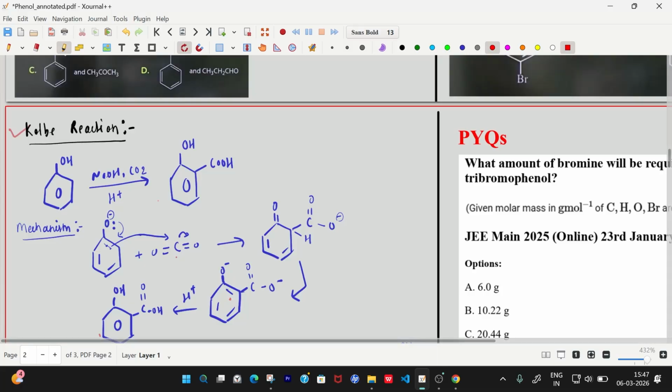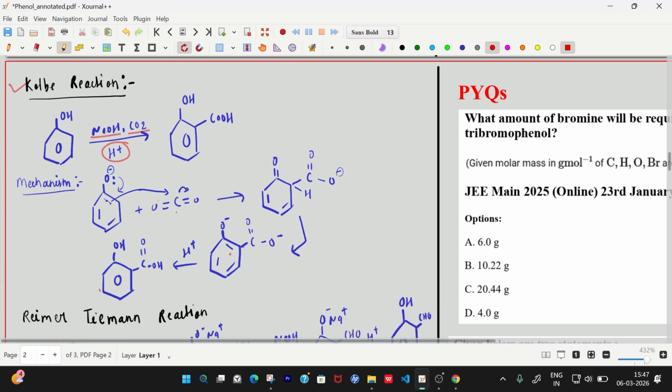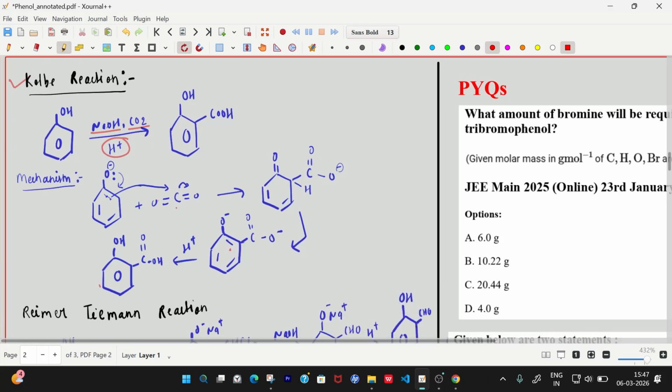The next reaction is the Kolbe reaction, where phenol is treated with sodium hydroxide and CO2 in acidic medium to form salicylic acid. If we see the mechanism, here H plus is moving out, and the pi bond switches toward oxygen, and we get an electrophile, and this electrophile attaches here to form this compound.